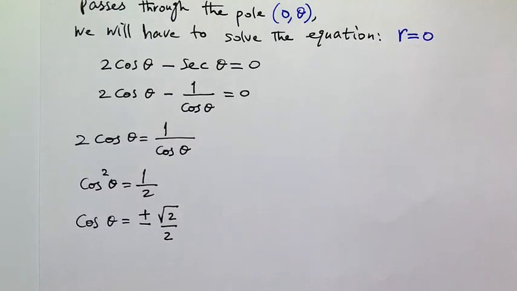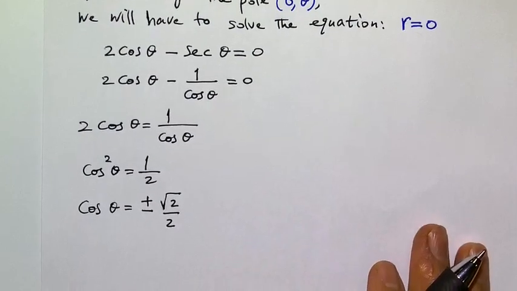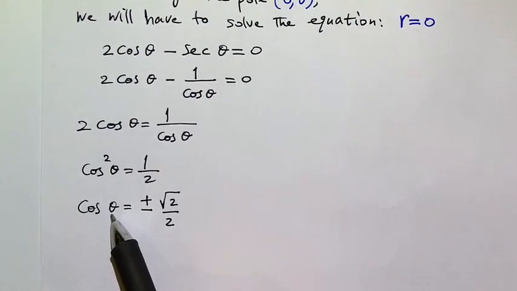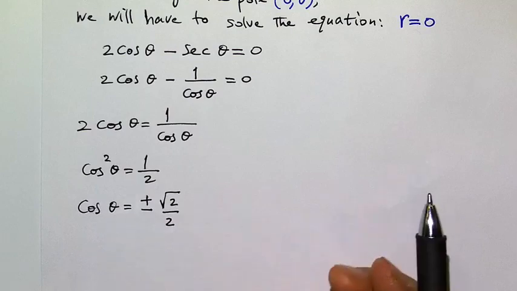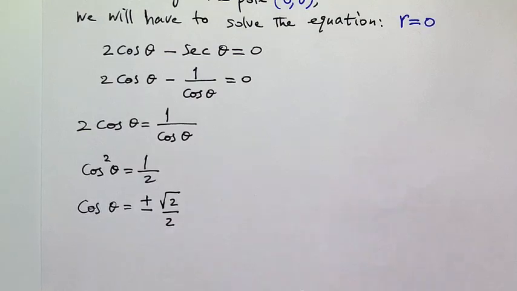Okay, so for this to be true, theta has to be either pi over 4 in the first quadrant or, in the second quadrant, 3 pi over 4.